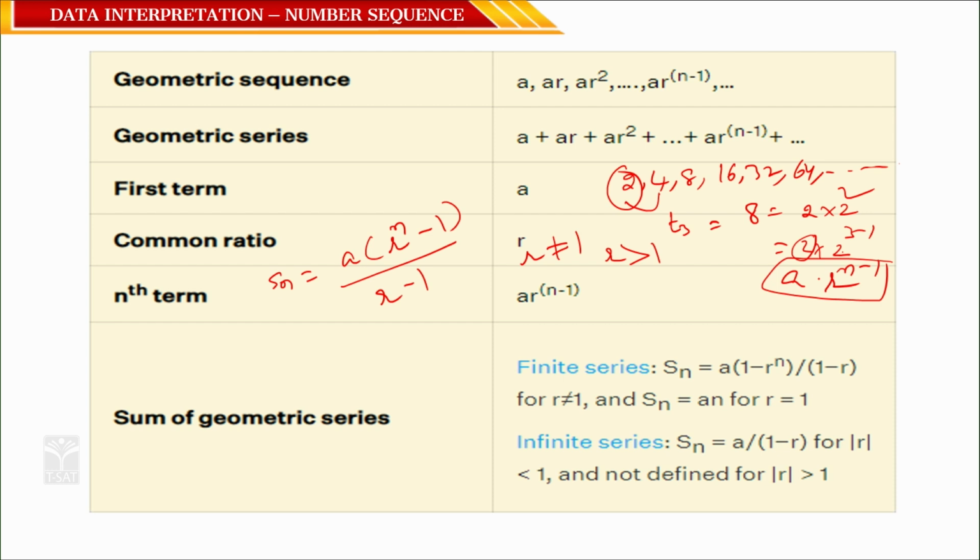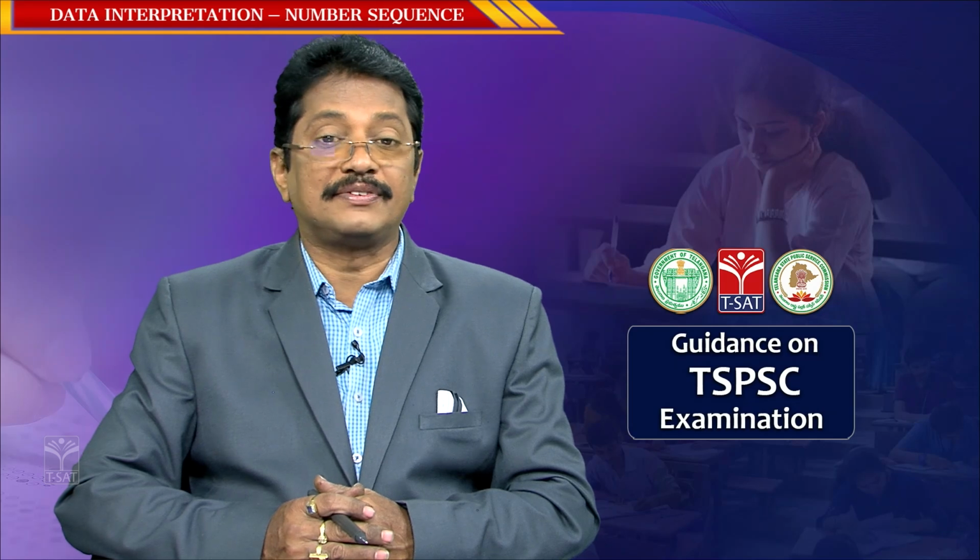The condition is r is not equal to 1 and r is greater than 1. The sum of n terms of a geometric progression is a times r to the power of n minus 1 by r minus 1, where r is greater than 1 and r is not equal to 1 for a finite series. If r is less than 1, then the series may continue for infinite terms.